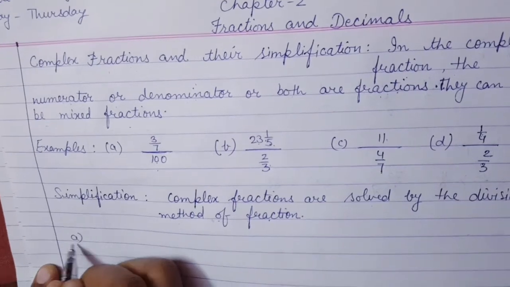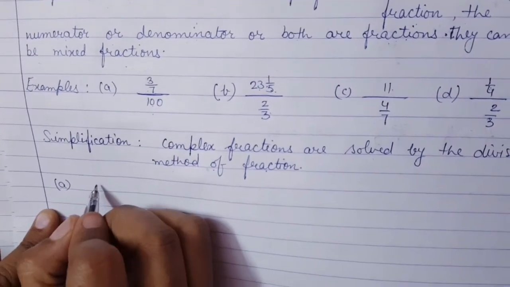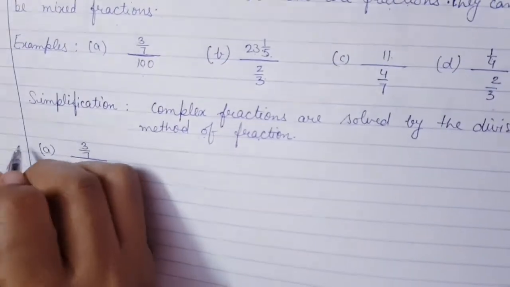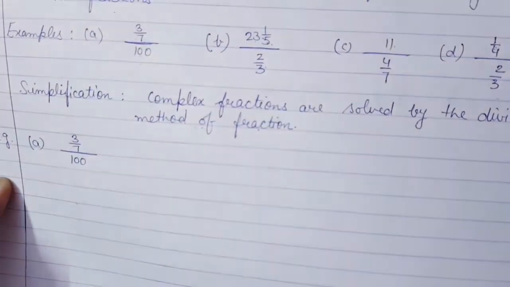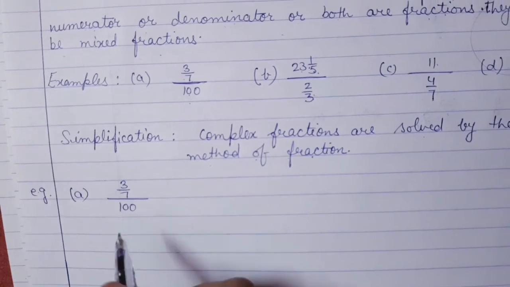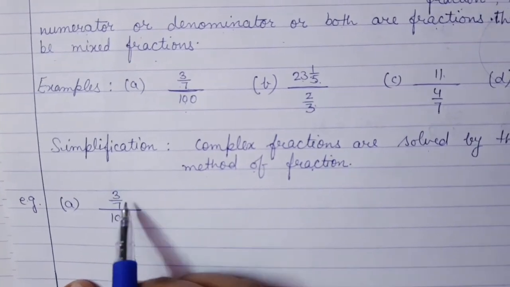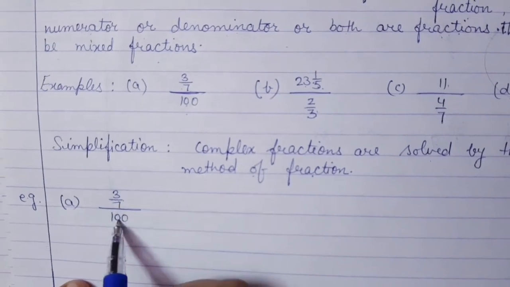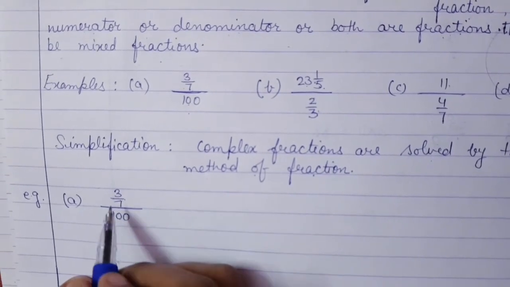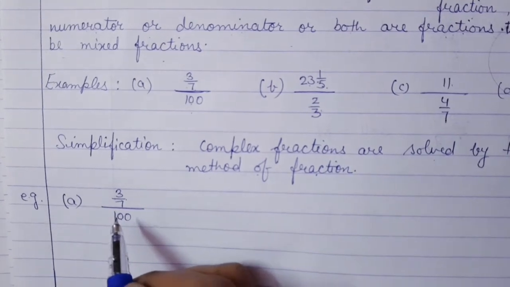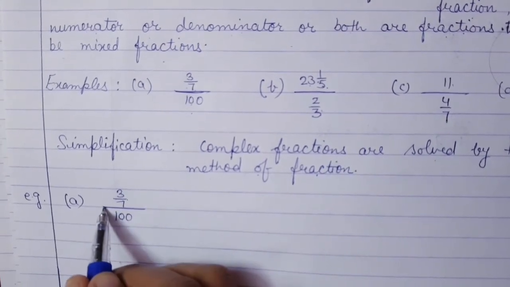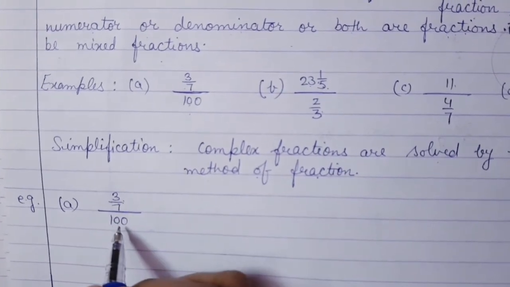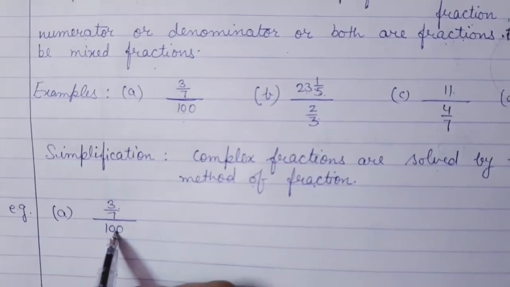So let's take the first example, 3 upon 7 upon 100. Here 3 upon 7 is the numerator and 100 is the denominator. And you know students, the number written on the upper side of this line is called the dividend and the number written below this line is called the divisor.